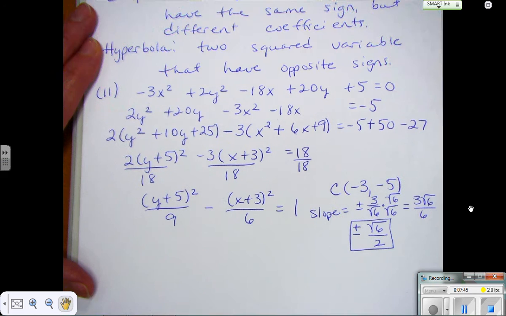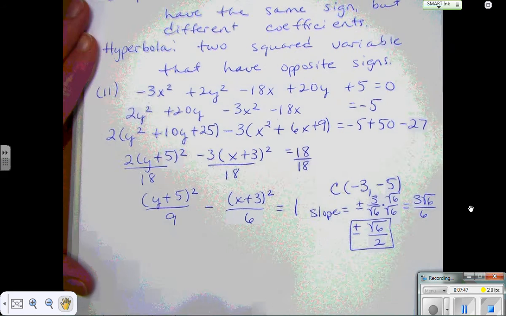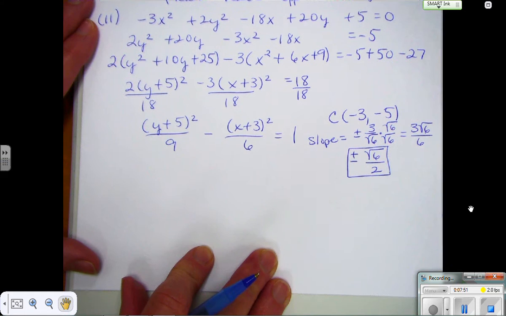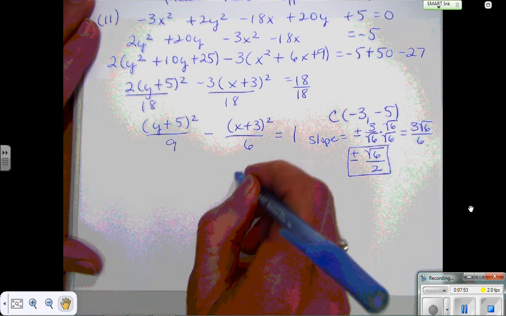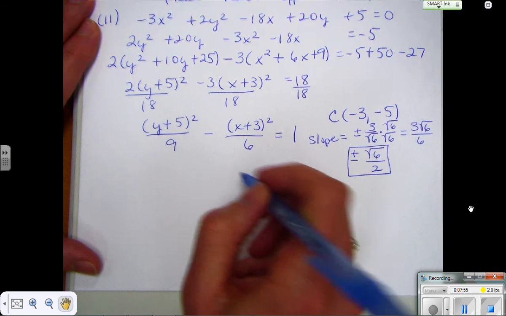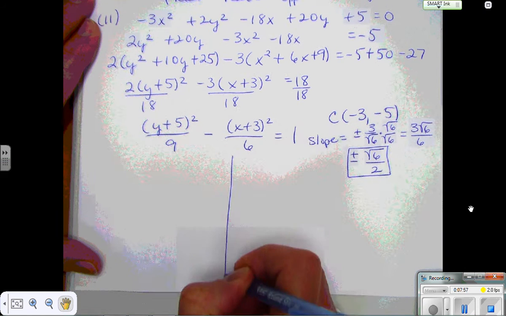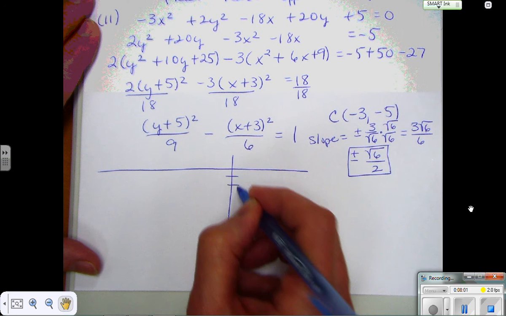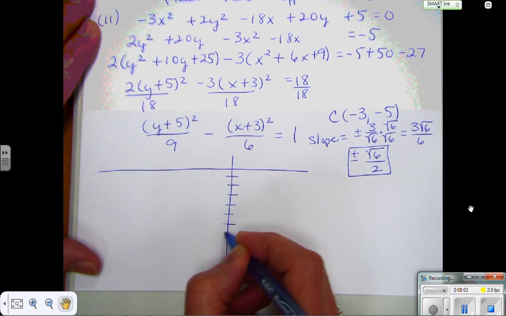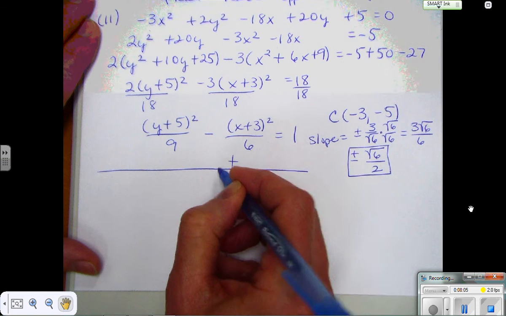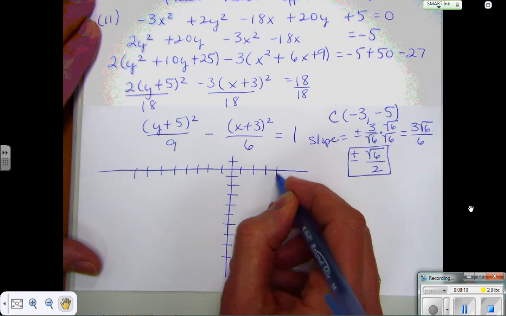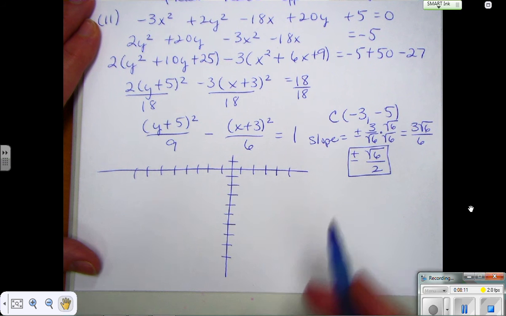Okay, so let's graph this. You guys are going to need to use graph paper on your assignment. Okay, I'm going to graph the center first.